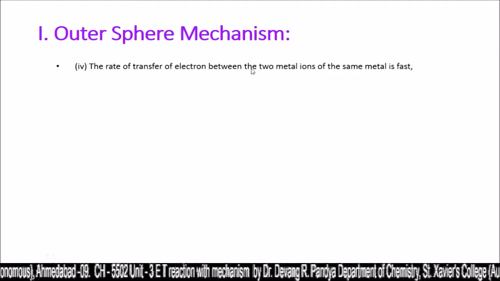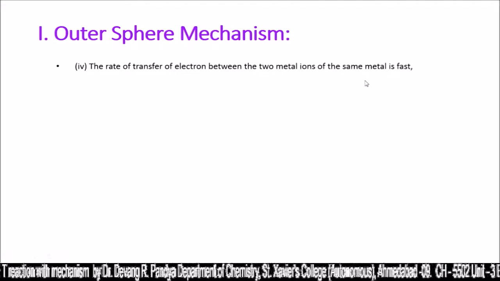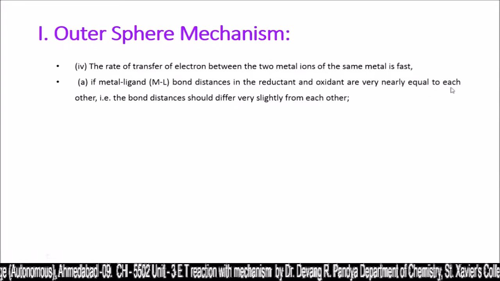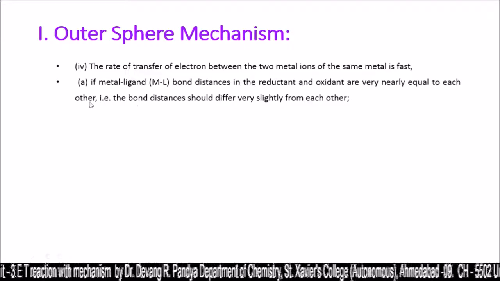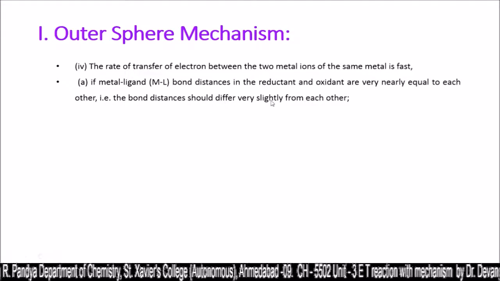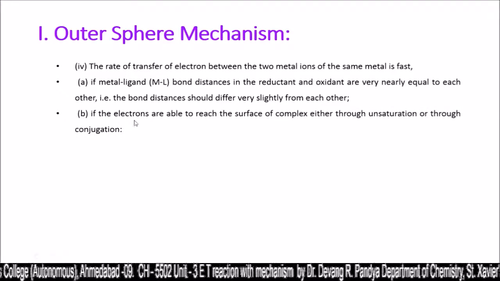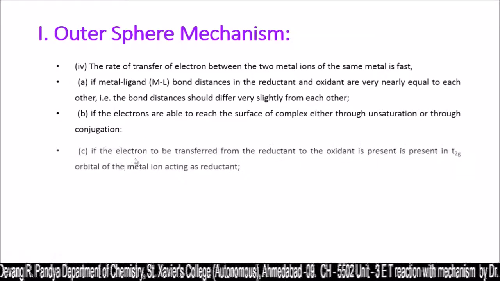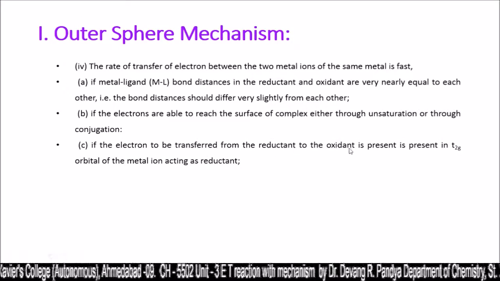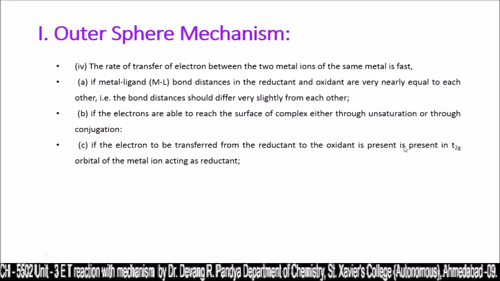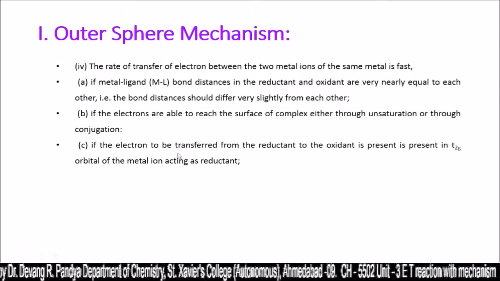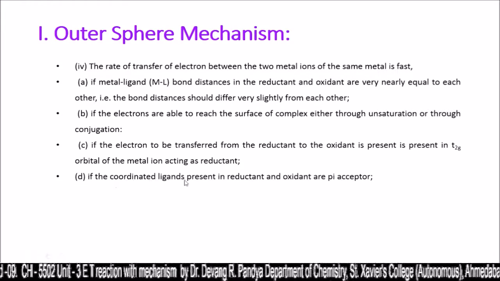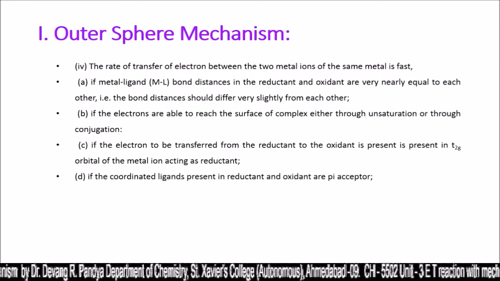The rate of transfer of electron between the two metal ions of the same metal is fast if: a, the metal-ligand bond distances in the reductant and oxidant are very nearly equal to each other, differing only very slightly; b, the electrons are able to reach the surface of the complex either through unsaturation or through conjugation; c, the electron to be transferred from the reductant to oxidant is present in the t2g orbital of the metal ion acting as a reductant; and d, the coordinated ligands present in the reductant and oxidant are pi acceptors.